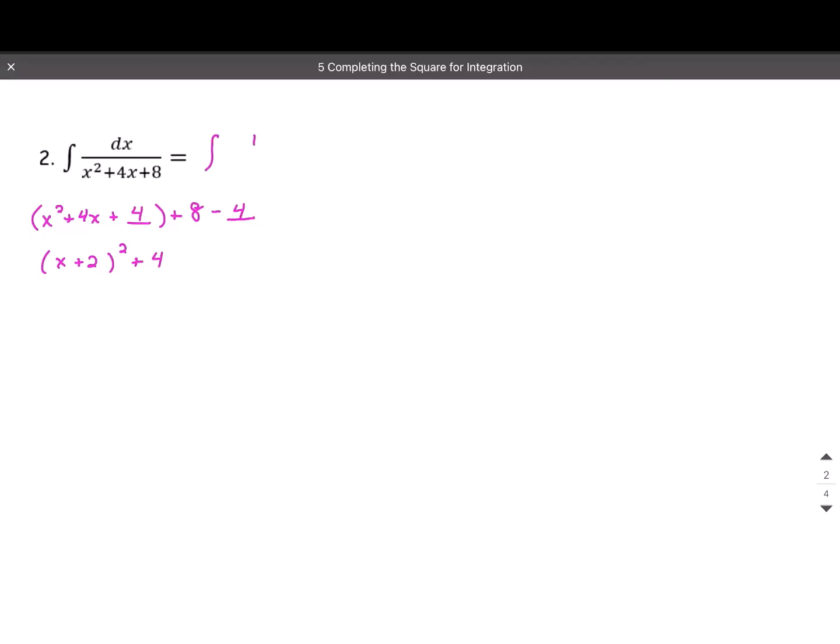So we're going to have 1 over x plus 2 quantity squared plus 4 dx. Now we can look at this and say, my u is x plus 2, and my a is the square root of 4, which is 2. And du dx is 1, so du is dx.